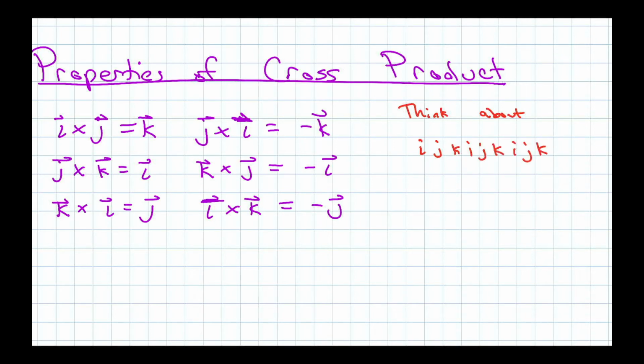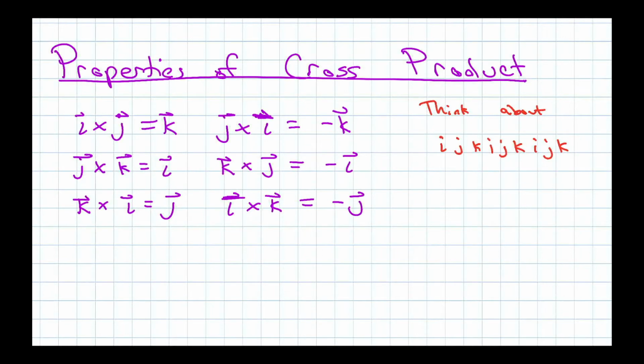If you just think about that pattern, then I and then J, IJK is in order on this list, and so everything's a plus.